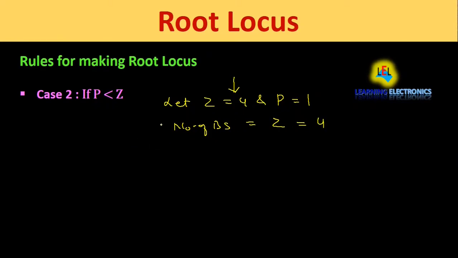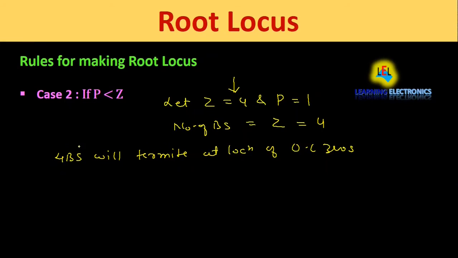So according to this example, 4 branches will terminate at the location of open loop zeros. Now we have to start the branches also.